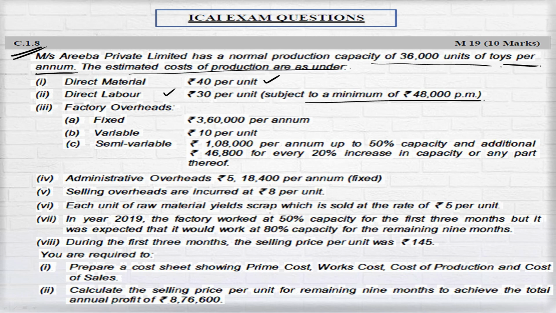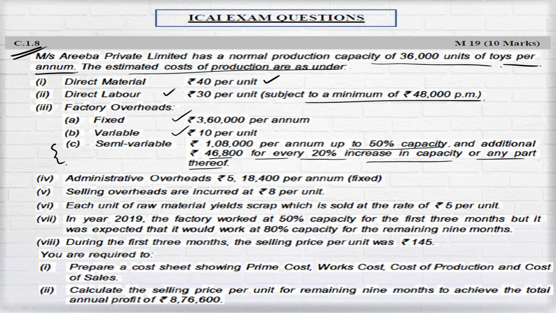It is the subject to minimum 48,000 per month. Factory overhead fixed 3,60,000, variable 10 per unit. Semi-variable 1,08,000 per annum up to 50% of capacity, and additional 46,800 for every 20% increase in capacity or part thereof.